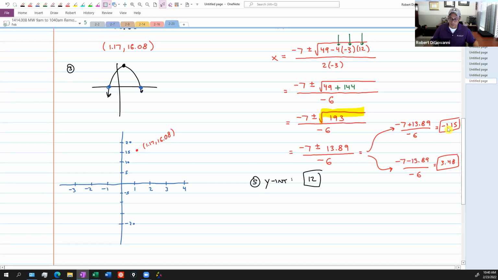I have an x-intercept of negative 1.15, so somewhere around here. And then 3.48 is almost 3.5, so somewhere around here. And lastly, I have a y-intercept of 12, which is somewhere around there. And it opens down, remember?